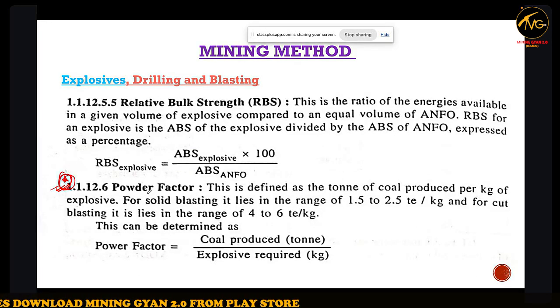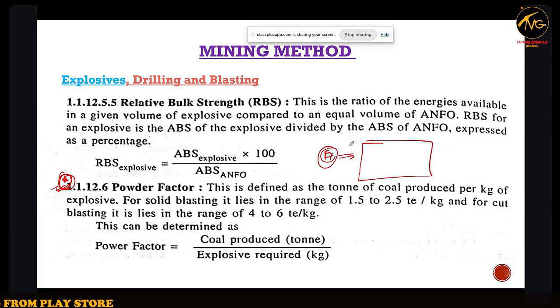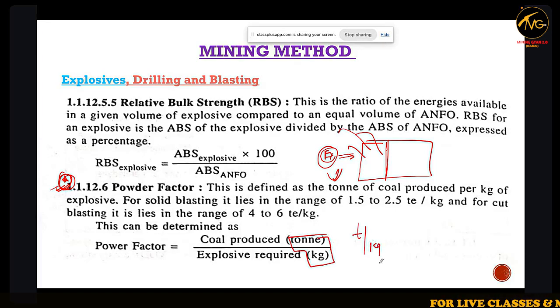Because I have seen many questions on the power factor. Power factor होता क्या है? What is power factor? If you are using this explosive to blast this coal seam, then the ratio of the coal produced divided by explosive is known as powder factor. So many times this unit you should also know. This is ton by kg में.